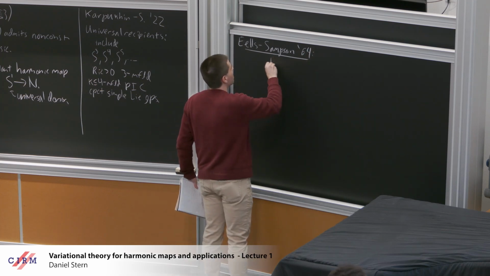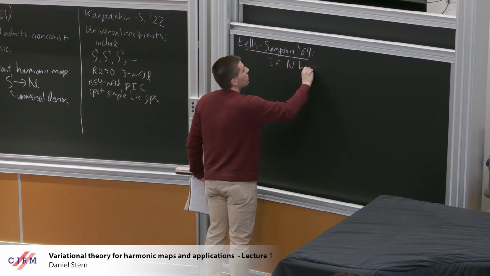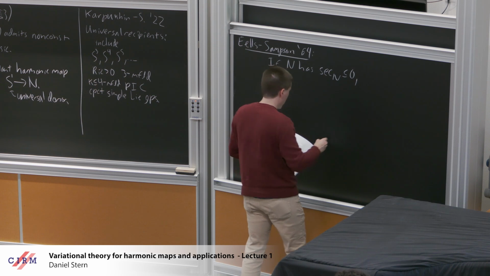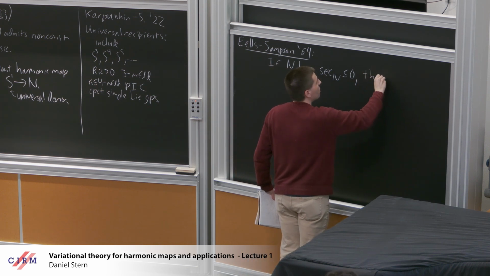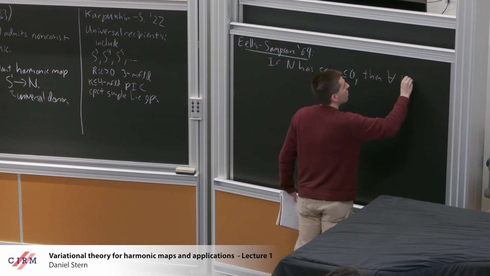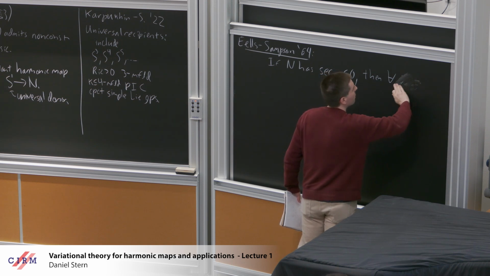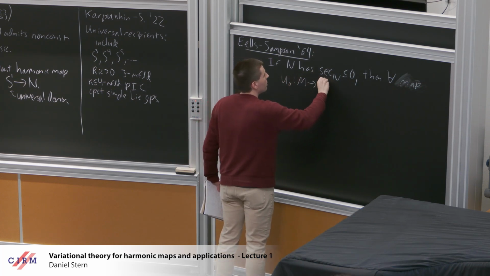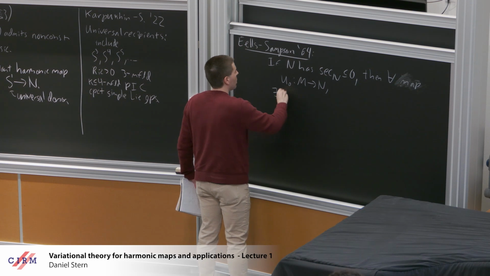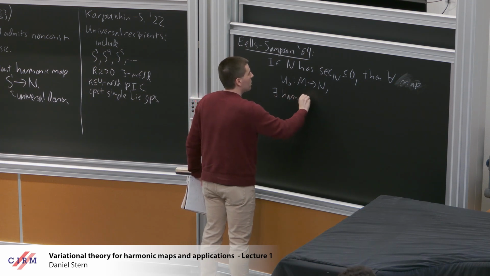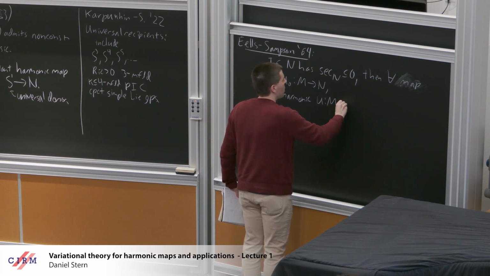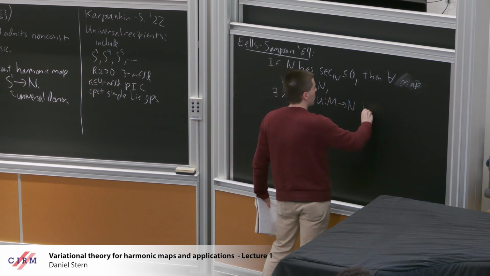If you have a target with non-positive sectional curvature, then for any map u0 from M to N, there exists a harmonic map, still in the world of just smooth harmonic maps here, from M to N, homotopic to it.